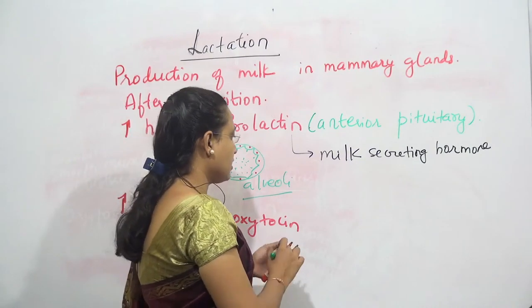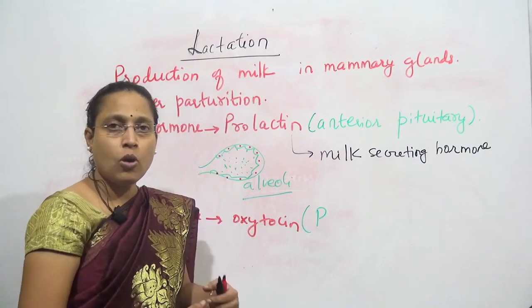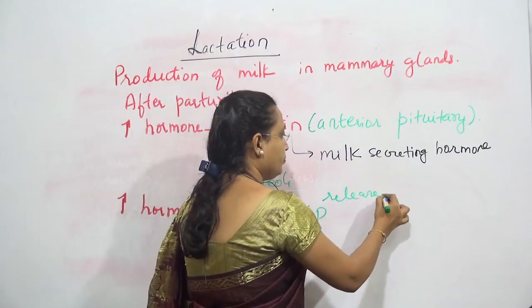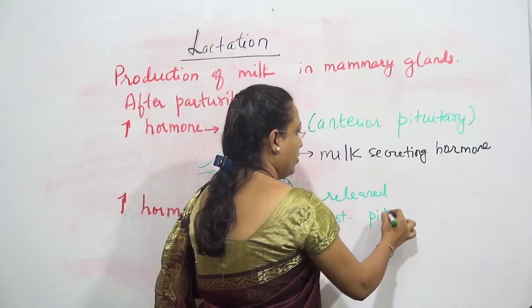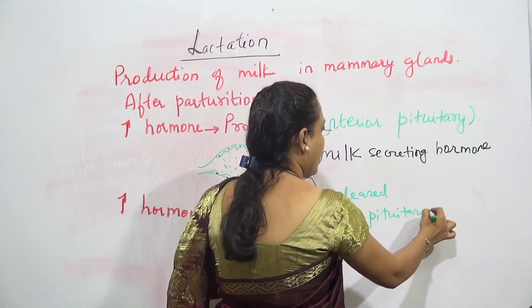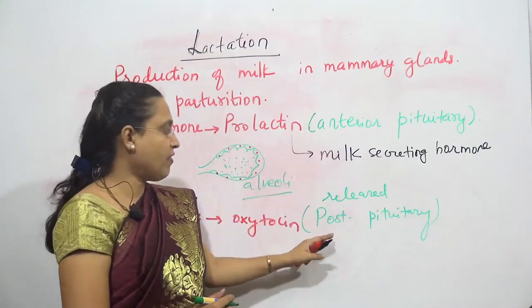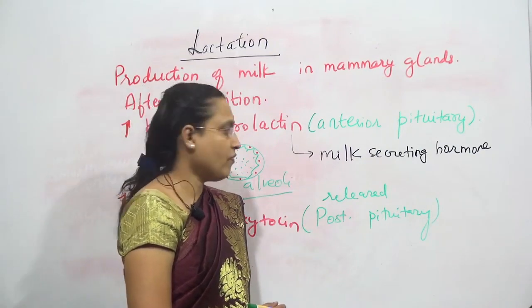Oxytocin is secreted in the hypothalamus, stored and released from the posterior pituitary. You should also recollect, the anterior pituitary is called adenohypophysis, whereas the posterior pituitary is called neurohypophysis.